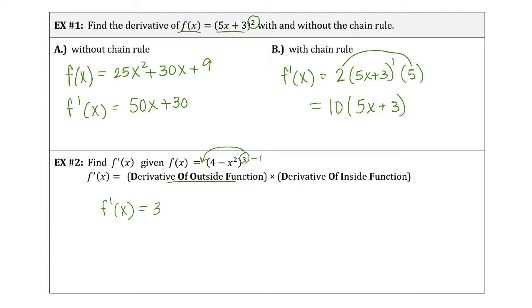So we're going to have 3 times 4 minus x squared, all raised to the second power, times the derivative of the inside portion. Well, the derivative of the inside portion is going to be negative 2x. And then finally, this last step, they usually multiply these coefficients together. So it looks like we're going to have negative 6x times 4 minus x squared, all squared.